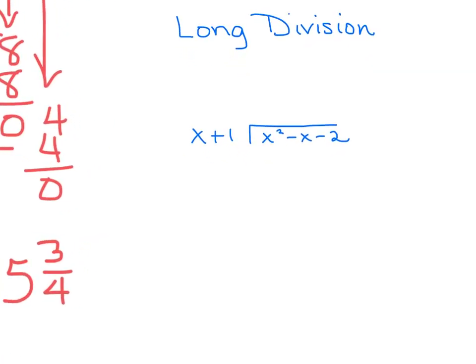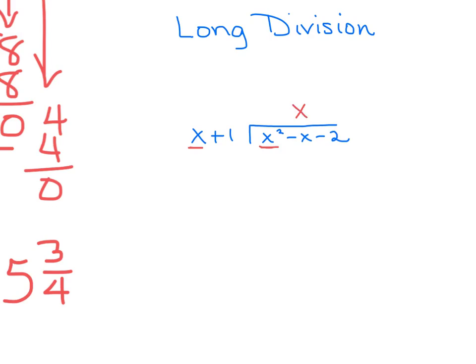So let's take a look at our first example. Now this is the same problem we just did by factoring, but now we're going to do it using long division. So I need to figure out what I am going to multiply x by to make it x squared. And that's going to be x, but I don't write it on top of the first term. I'm going to shift it over and write it on top of the second term.